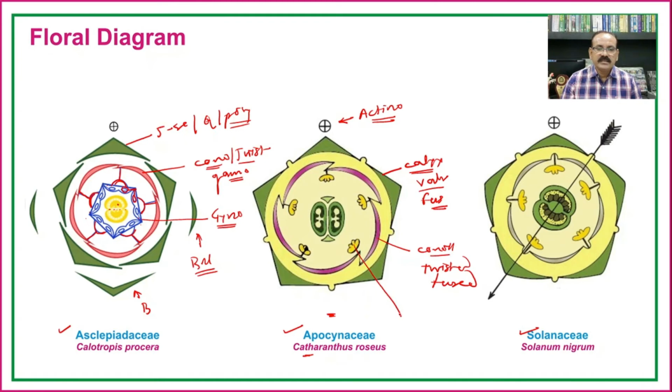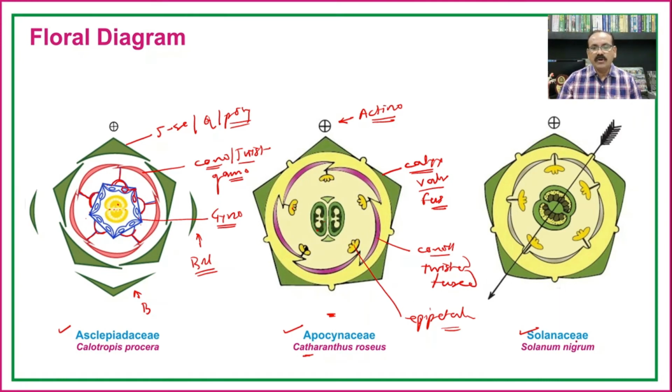The stamens are epipetalous in the family Apocynaceae. Then they are introrse and diathecous, with two carpels and axile placentation.